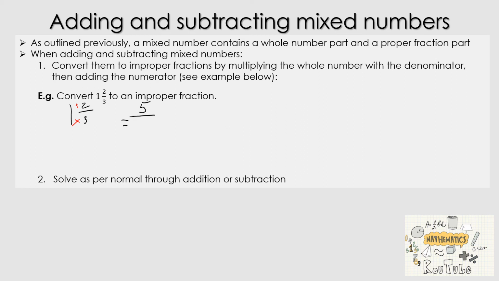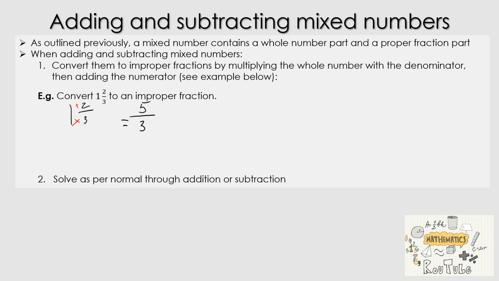So 5 becomes our new numerator, and the 3 stays as it is. So the 3 on the proper fraction stays as it is, the denominator, whereas the numerator now becomes 5, because we multiplied the whole number with the denominator and then we added the numerator. So that's how we convert the mixed number into an improper fraction.